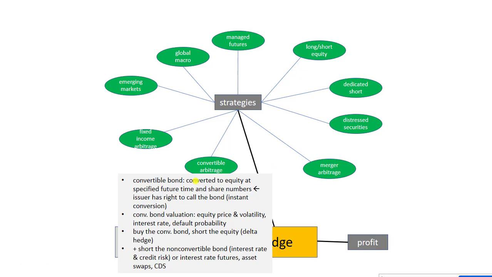Convertible arbitrage. A convertible bond means that it is converted to equity at a specified future time and share numbers. It's funny because you are way more careful than an equity investor, because it doesn't matter whether the company is profitable or not, the convertible bond will pay you the interest. And also if the company is going to default or close to default, then you still have a higher chance that your convertible bond will be converted to equity, so you are not losing as much money.